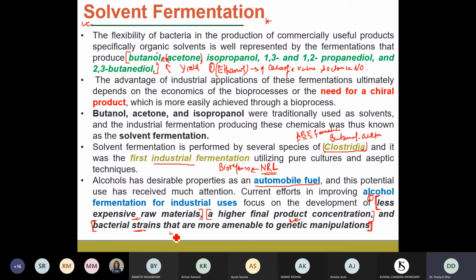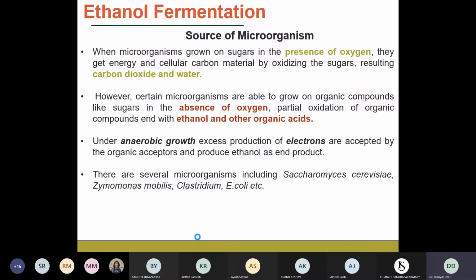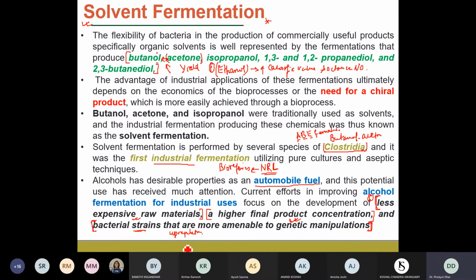The upregulation of the gene is something you will understand once we look into the biochemical pathway. This biochemical pathway is a cascade of different reactions, a series of reactions. Each reaction is controlled by different genes, enzymes and cofactors.